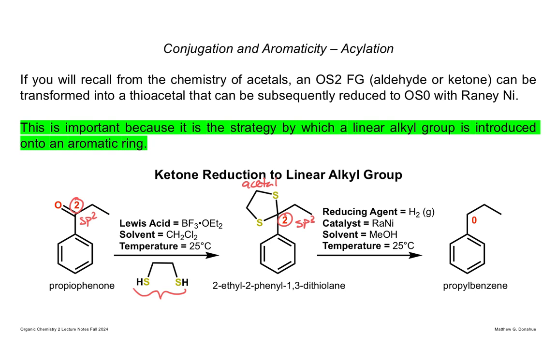And then we can use hydrogen gas with this reagent called Raney nickel. Raney nickel is just a form of nickel that was developed by a researcher named Raney, essentially where the nickel surface gets really activated, makes it really potent so that the hydrogen can reduce that oxidation state down to 0.